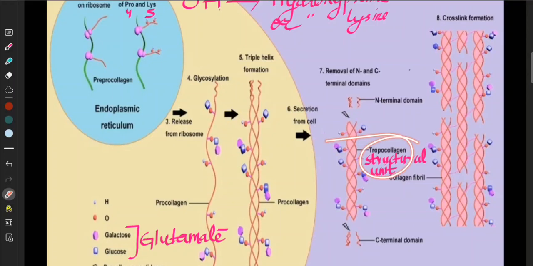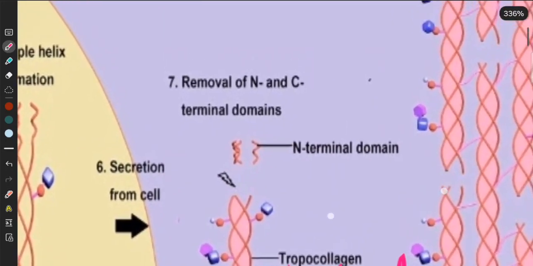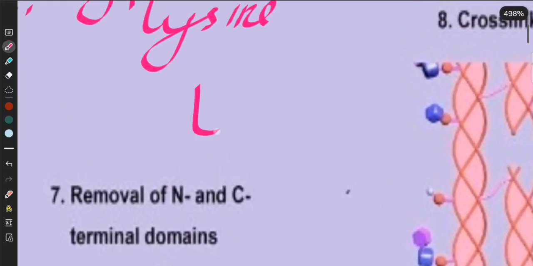Now in the next process, cross-link formation will take place. That means this is a tropocollagen, this is a tropocollagen, and so on. Now all these tropocollagen will cross-link with one another. You must be wondering which amino acid helps in the cross-link. Lysine is the amino acid.